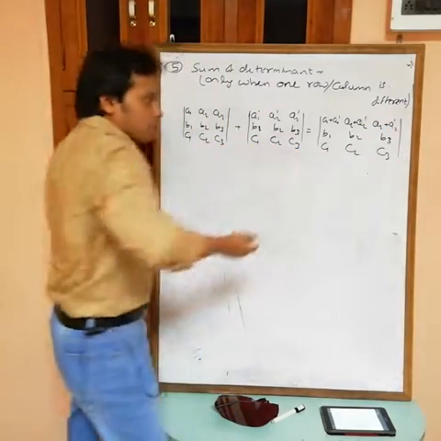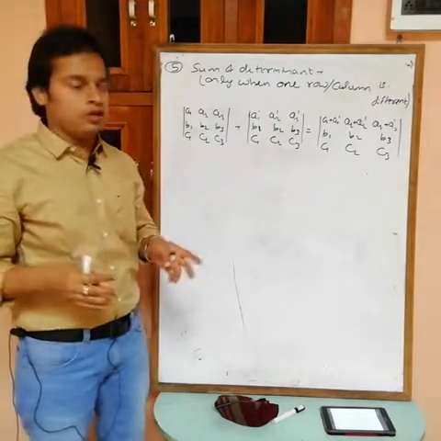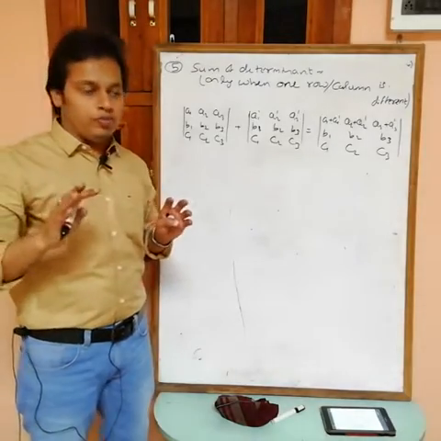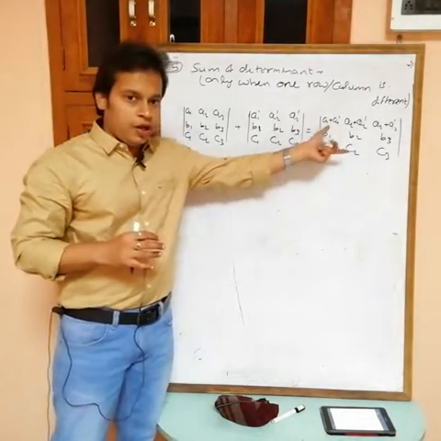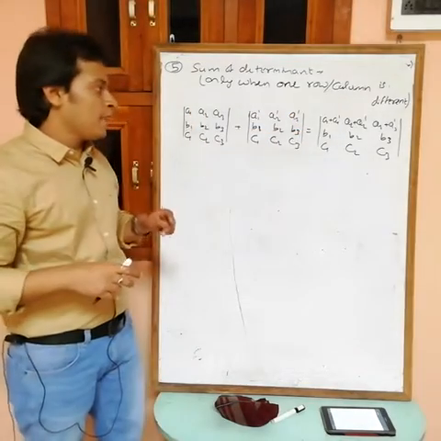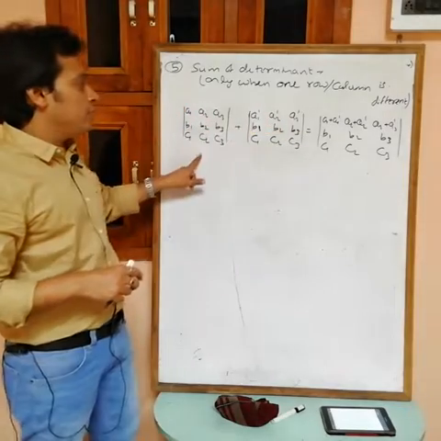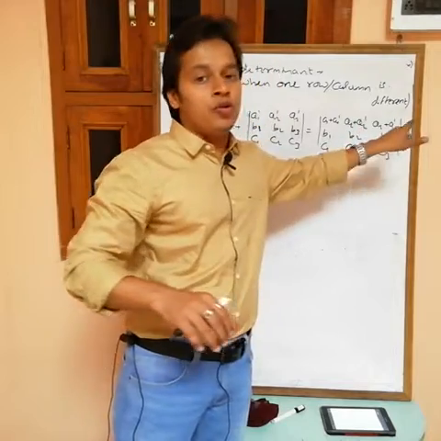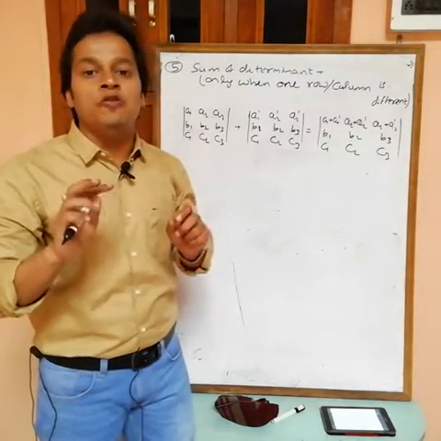Vice versa also. It means you can add any two determinants if we have only one row or one column different. And similarly you can write any determinant as a sum of two determinants if the elements of any one row or column are written as a sum of two elements.